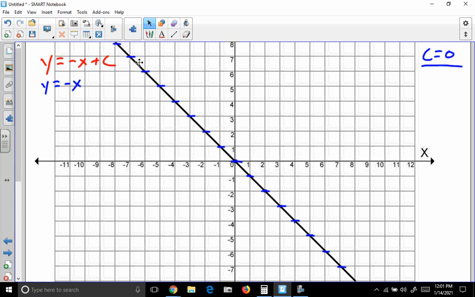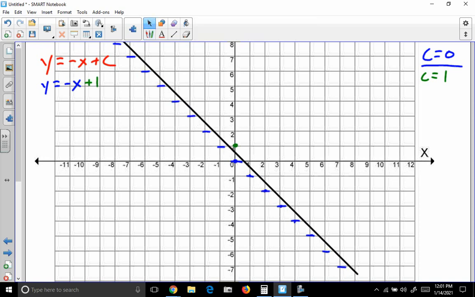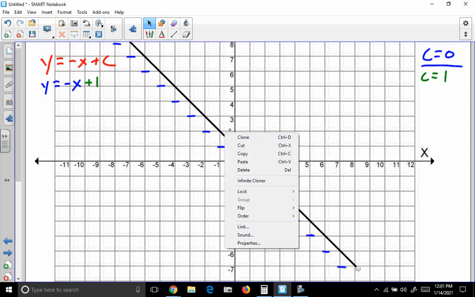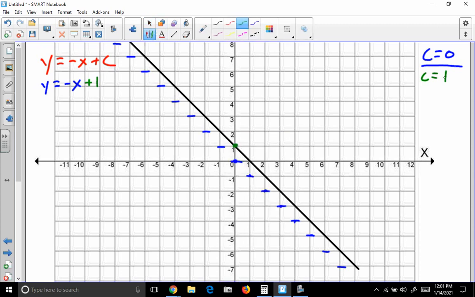And then if we wanted to, we could take that line off. So now let's look at, I'm going to do these different colors. Let's look at C being 1. So if C is 1, we have a y-intercept of 1, a slope of -1, so that would be this line. So everywhere on that line, C is 1, and again, C represents the slope.